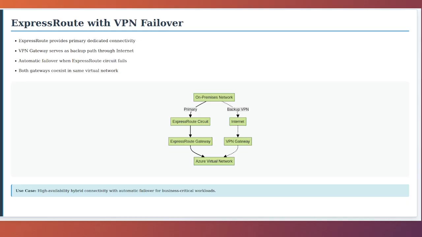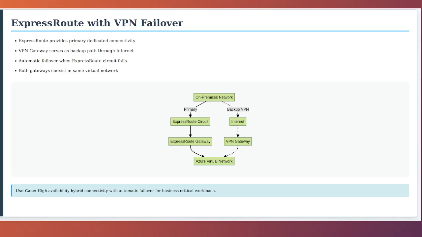The diagram illustrates the complete architecture. Your on-premises network connects to Azure through two parallel paths. The primary path flows through the ExpressRoute circuit, which connects to the ExpressRoute gateway in Azure. The secondary path uses a VPN device on premises that establishes an IPsec tunnel through the Internet to the VPN gateway in Azure.